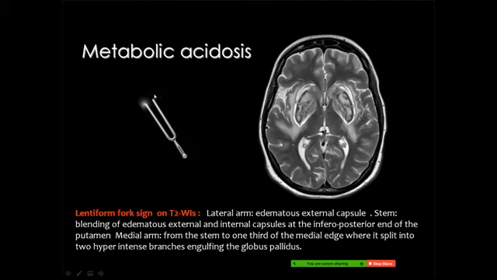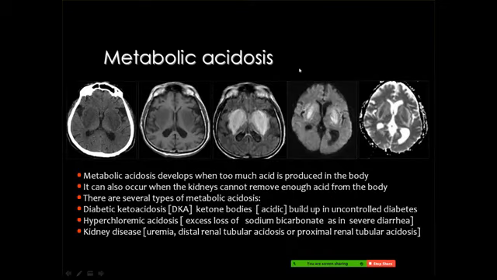This is almost diagnostic of metabolic acidosis. And this is another example with the classic appearance of the lentiform fork sign. According to the underlying cause, some of these lesions will show diffusion restriction, as you can see here, and others will not.